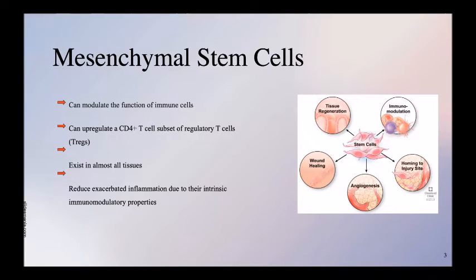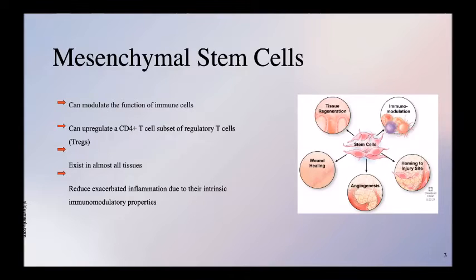Thus, by influencing cytokine secretion profiles, mesenchymal stem cells can modulate the function of various immune cell types, including lymphocytes, dendritic cells, and macrophages. Significant and specific to Crohn's disease is the ability of mesenchymal stem cells to upregulate a CD4+ T cell subset to regulatory T cells. These are also known as Treg cells, a cell type known to be deficient in Crohn's disease.